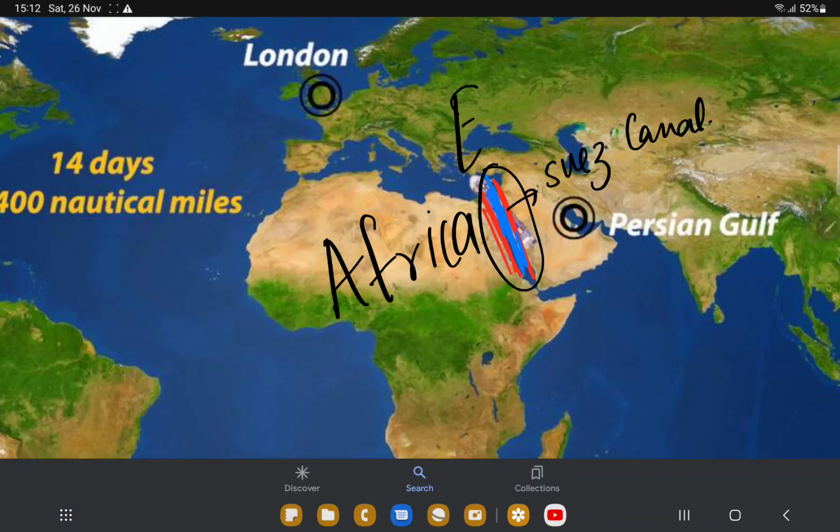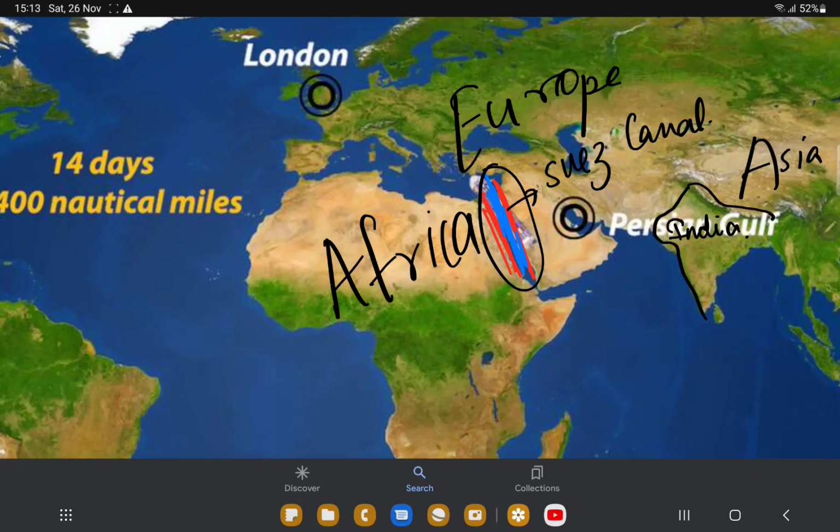This is Europe. Here comes Asia, and here comes our beloved India. See the way India stands among all the countries. That's the distinction of India. So this is a brief introduction about the Suez Canal.